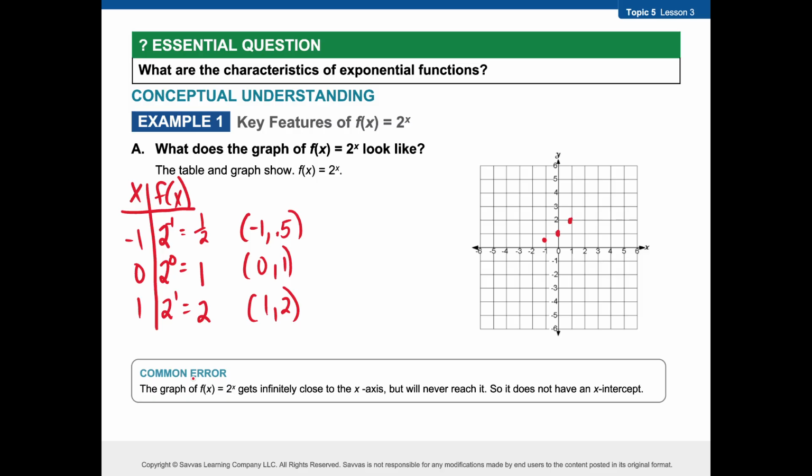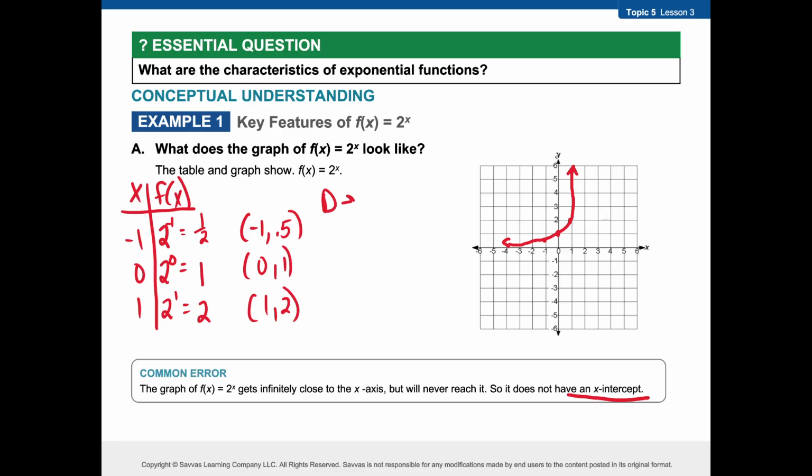Now, exponential functions will never touch the x-axis or cross it, because there is no power you can put 2 to that will equal 0 or a negative number. So the graph of f of x, 2 to the x, gets infinitely close to the x-axis but will never reach it. So it does not have an x-intercept.